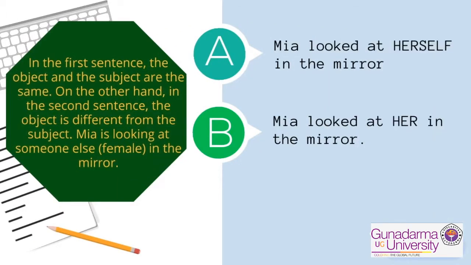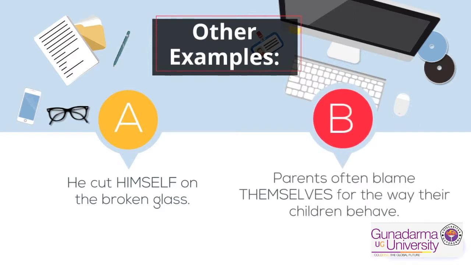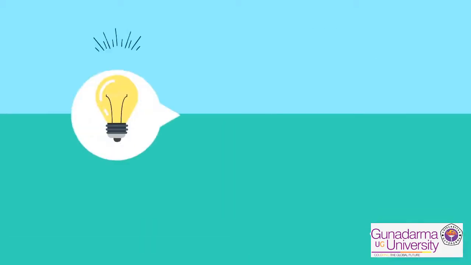In the first sentence, the object and the subject are the same. On the other hand, in the second sentence, the object is different from the subject. Mia is looking at someone else in the mirror. Other examples: he cut himself on the broken glass, and parents often blame themselves for the way their children behave.